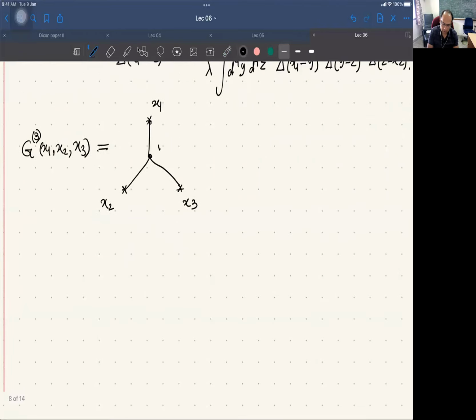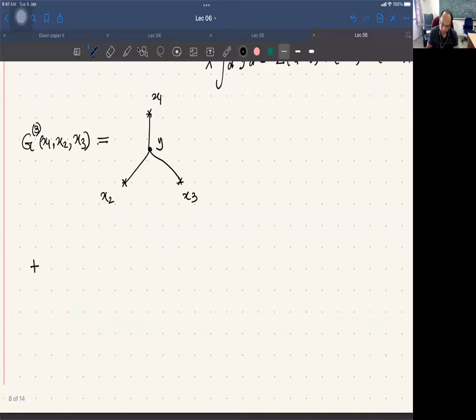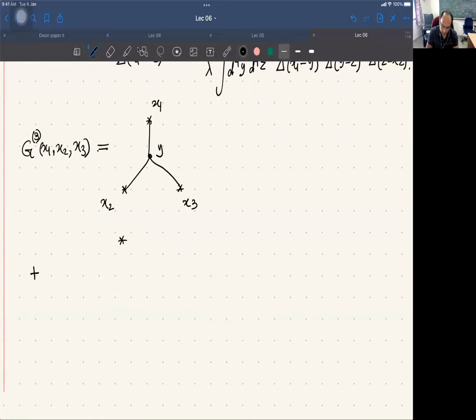And this internal point is y, and then you can have a more complicated diagram, which is not by simply using the vertex once, but you use the vertex more than once.